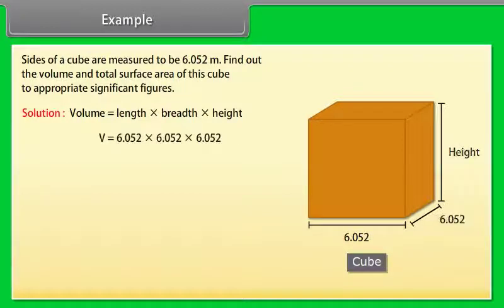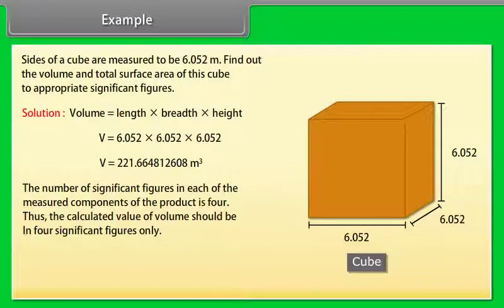After calculation, we get V equal to 221.665 meter cube. The number of significant figures in each of the measured components of the product is 4. Thus, the calculated value of volume should be in 4 significant figures only. Thus, V is equal to 221.7 meter cube.